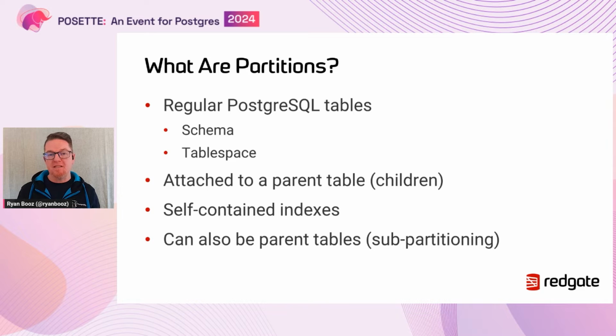They have table space. The partitions don't have to reside all in the same table space. Actually, they don't have to reside in the same schema as the parent table. They're attached to those parent tables. And then one of the unique things is recognizing, because they are individual tables, they have all the same things self-contained. They have indexes, they have constraints.